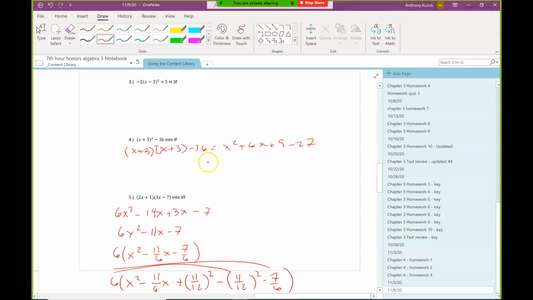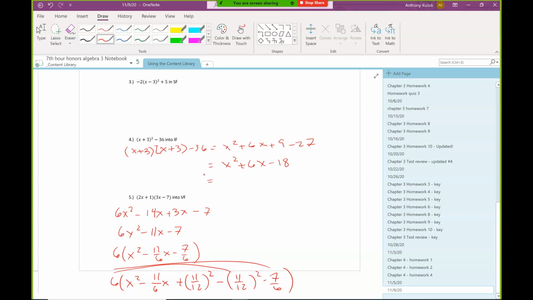I figured you'd be okay with that, but you should ask before you just go ahead and assume something, right? So 9 minus 27 is negative 18. So I'm looking for 2 numbers that multiply to give me negative 18 and add to give me 6.